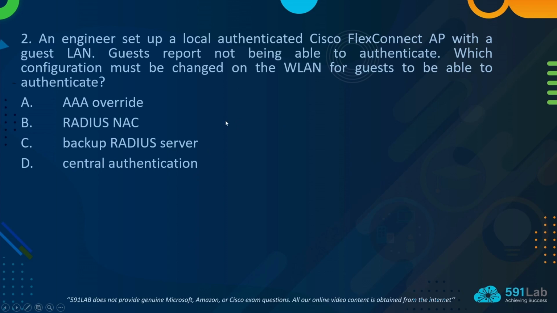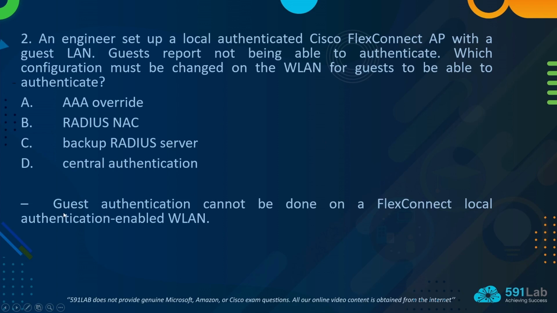And if we check the Cisco website for the Flex Connect data sheet, we're going to find basically that guest authentication cannot be done on a Flex Connect local authentication enabled wireless LAN. Okay, so we can use the guest wireless LAN on a Flex Connect AP, but certainly we cannot have the wireless LAN set as local authentication enabled.